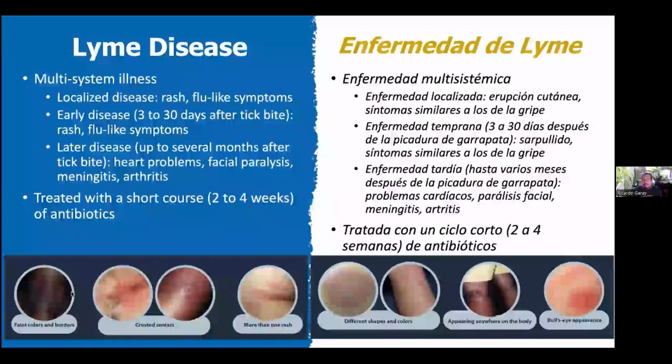This disease is a multi-system or systemic illness. There is a difference between a localized illness with a cutaneous presentation in the early stages, about 30 days, with a rash and flu-like symptoms, very similar to flu.